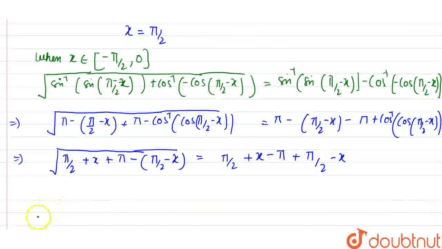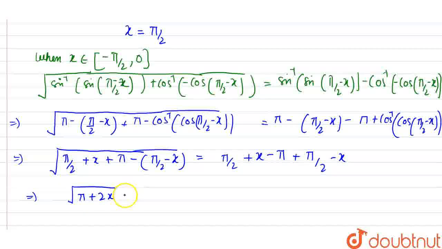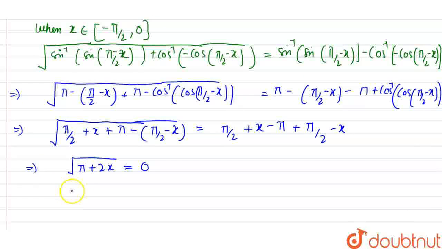So now guys, we clearly stated that our root over pi plus 2x is equal to 0, right? So similarly we can further conclude that our x is equal to minus pi by 2, right guys?